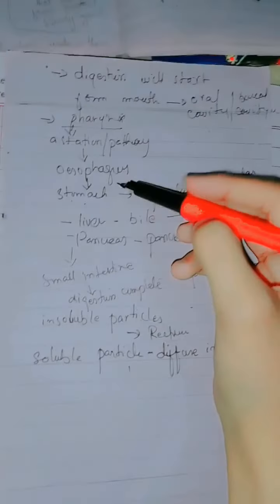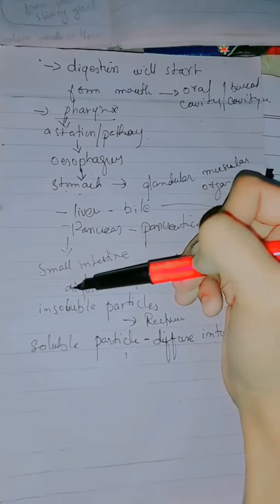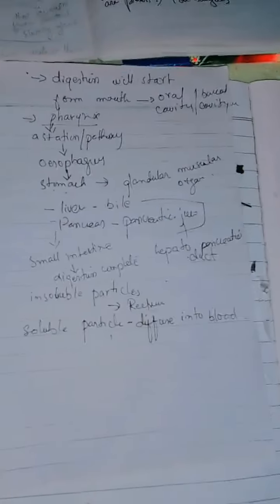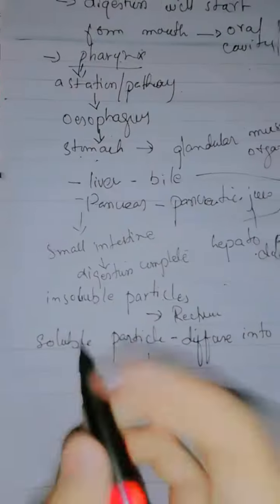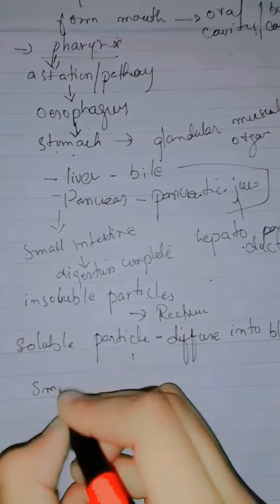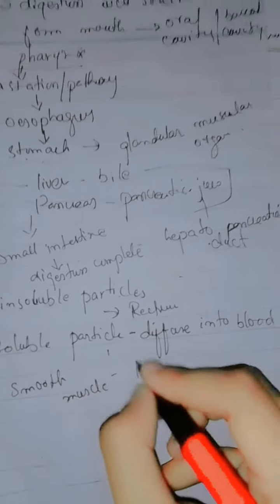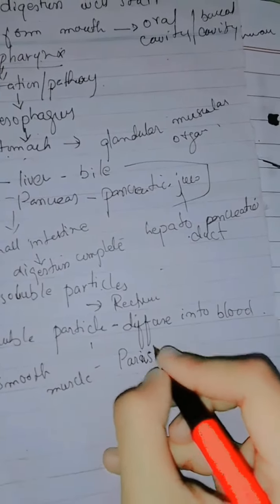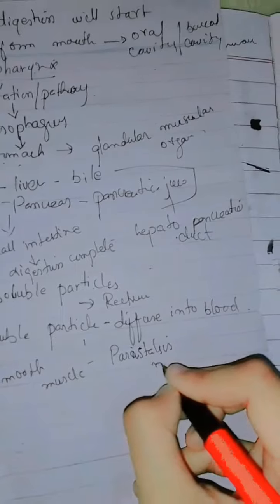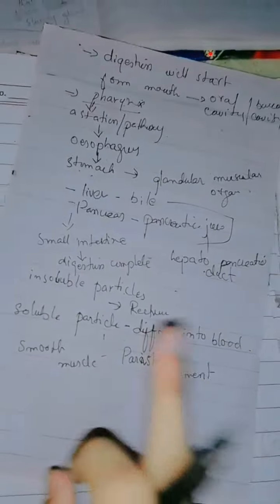Now, with all that happening, the food is moving from the pharynx to the esophagus, then stomach to small intestine. How is it moving? Obviously it will not move by itself. We have smooth muscles, in which peristalsis movement happens, that helps the food to move.